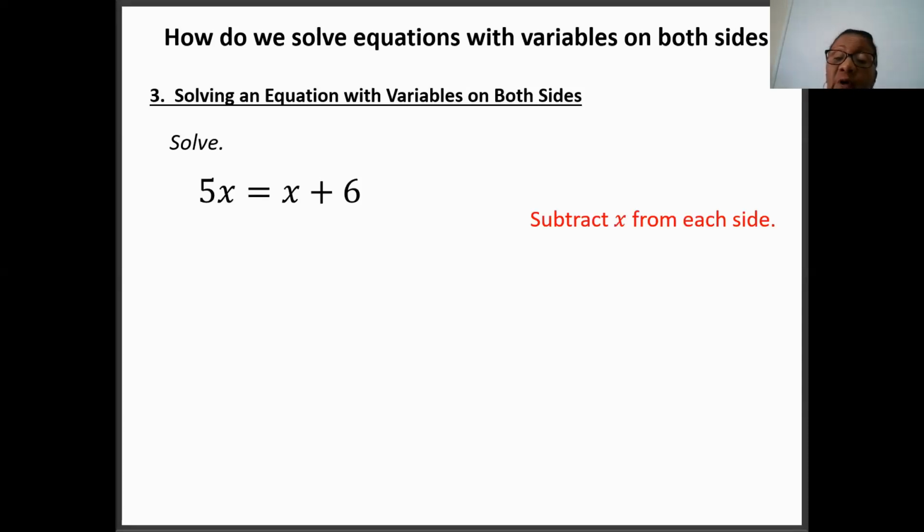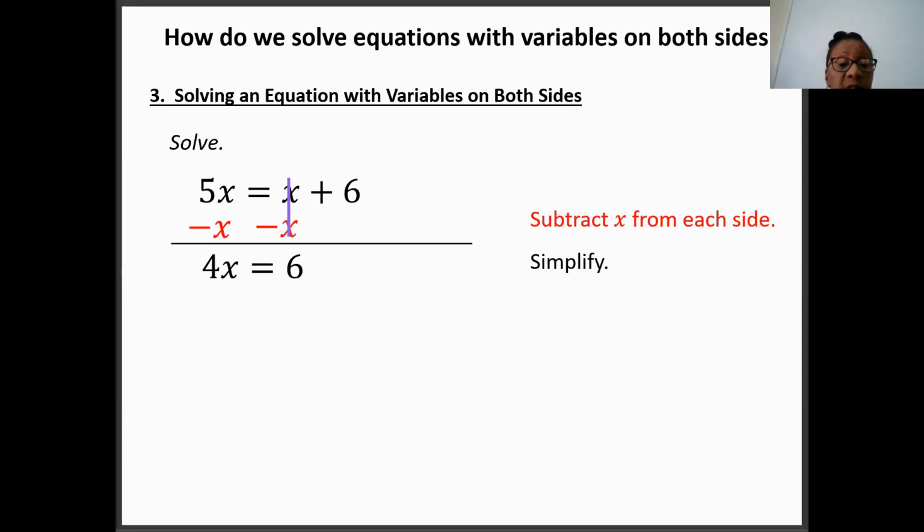Following step number 1, we should subtract x from each side. And when we subtract x from each side, this is what happens. The x on the right side is canceled out. And so when we simplify, we now have 4x is equal to 6. Now what should we do?